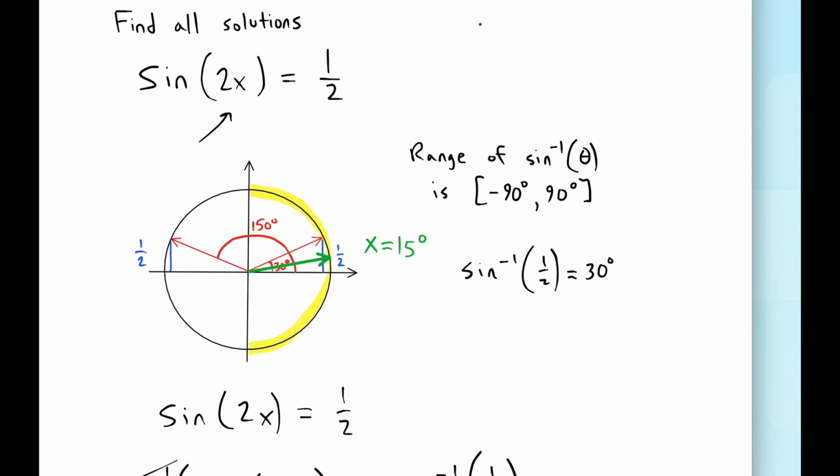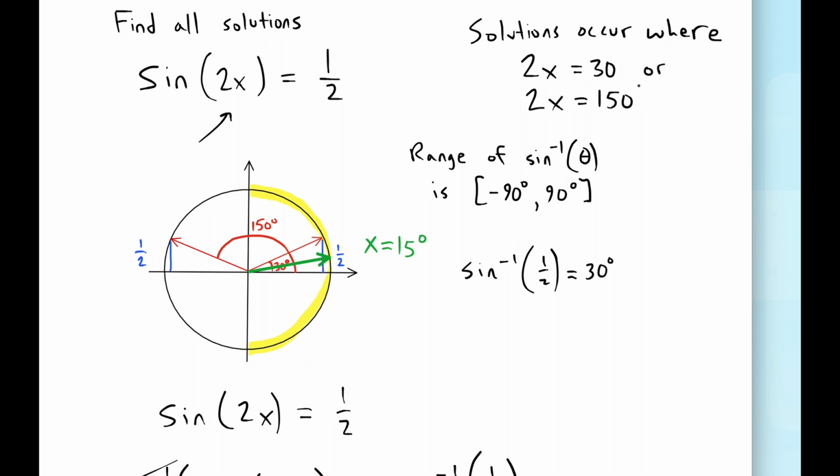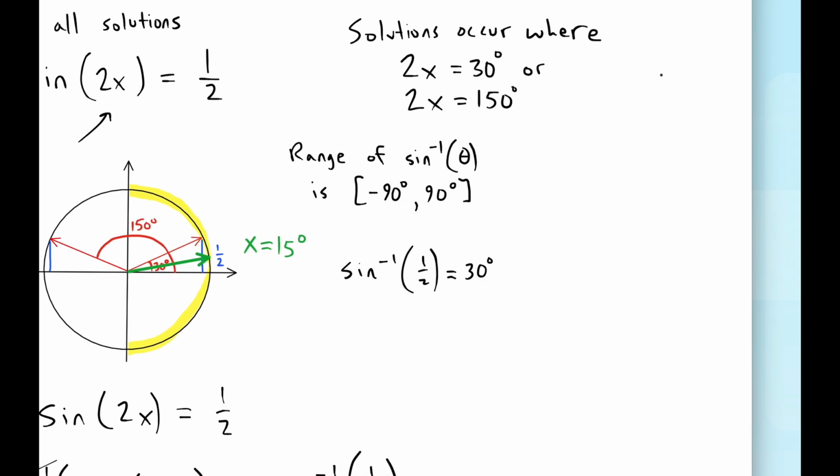We know that we have solutions where 2x is 30 or where 2x is 150. So where does this leave us? That would be when x is 15 degrees or x is 75 degrees.